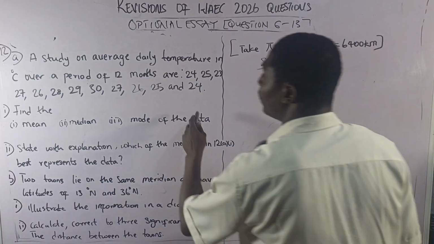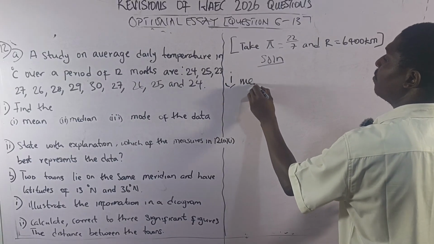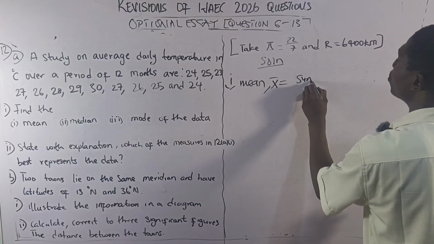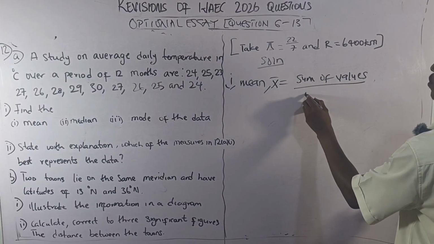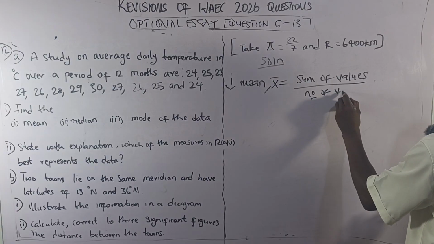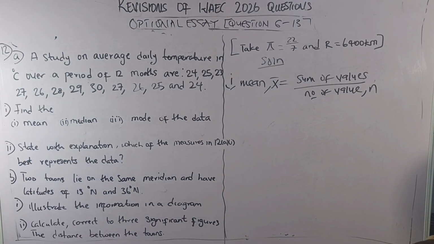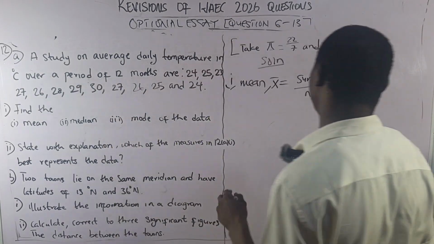Since the question was not given in a tabular form, our mean, which is x bar, is equal to the sum of values over the number of values. The number of values means n, the number of observations, which are 12.